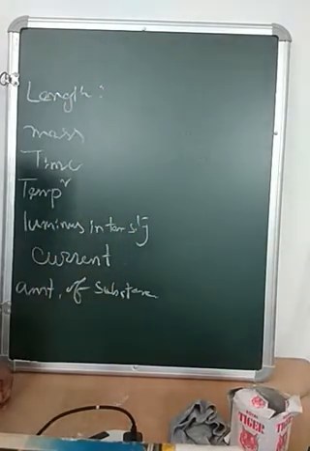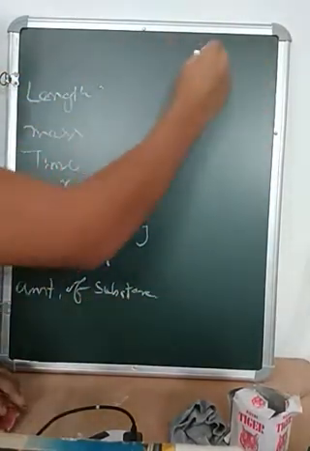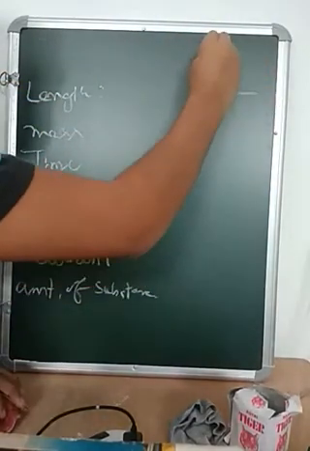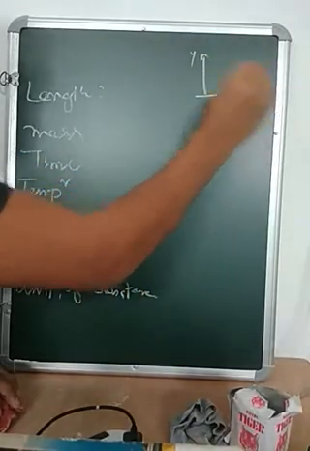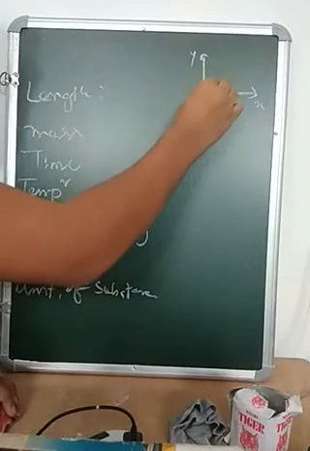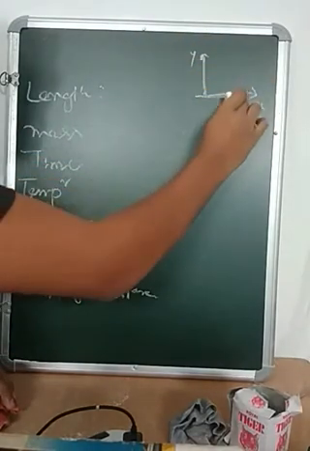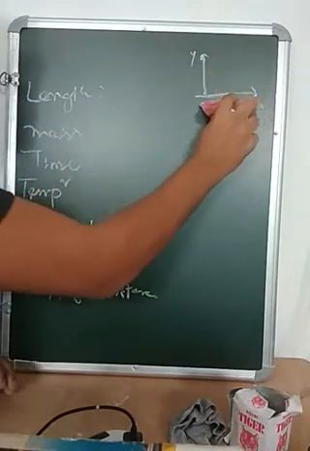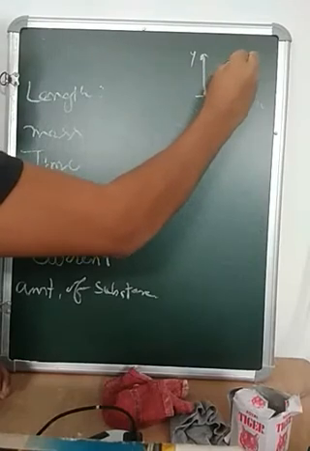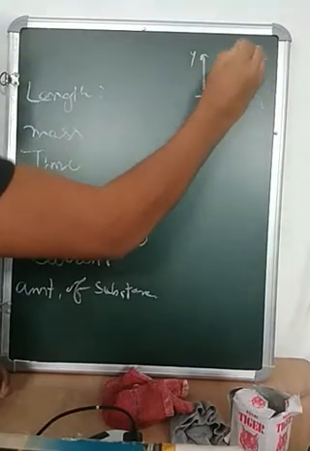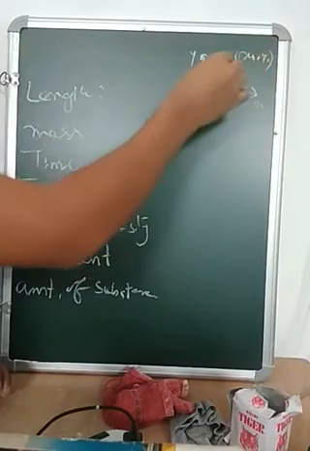So when we discuss dimension, as we have read about 2 dimensions, this is x, y. In a 2D plane or 2D surface, any point P, how do we represent the point? By its 2 coordinates, suppose x1 and y1.